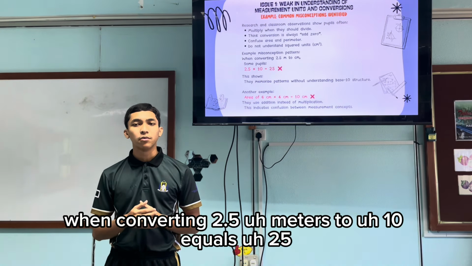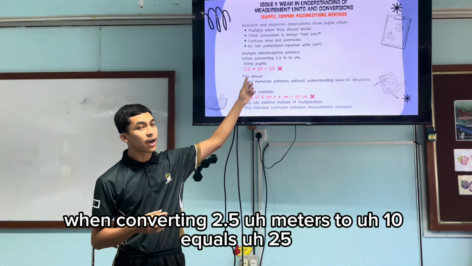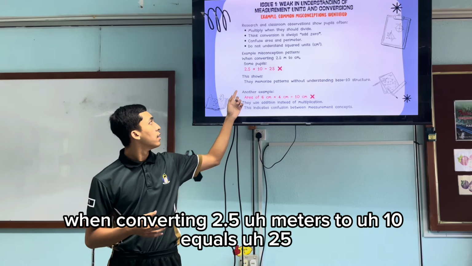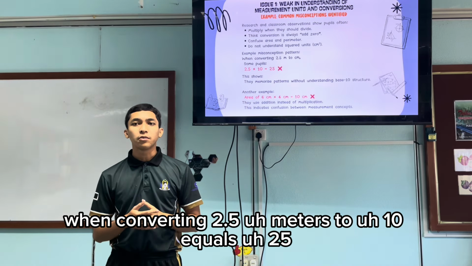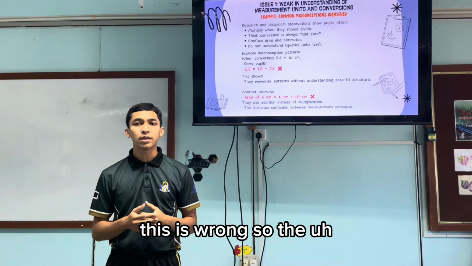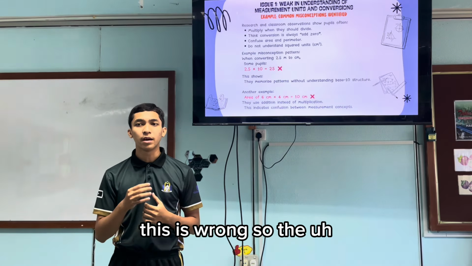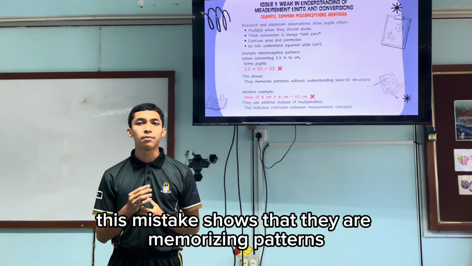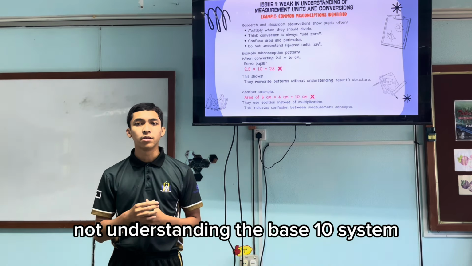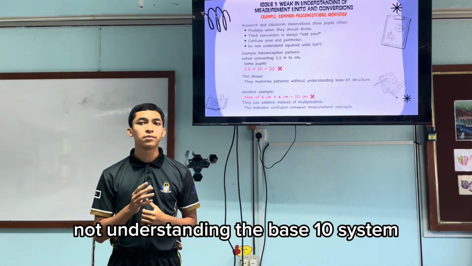For example, when converting 2.5 meters to centimeters, some pupils think 2.5 times 10 equals 25, this is wrong. So this mistake shows that they are memorizing patterns, not understanding the base 10 system.